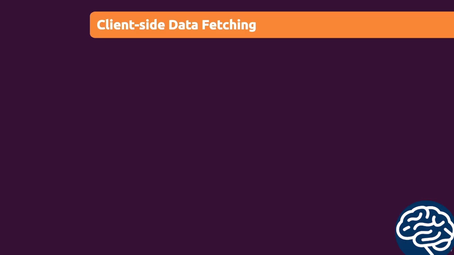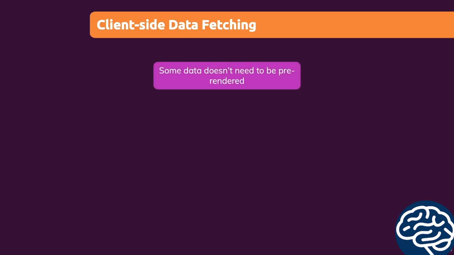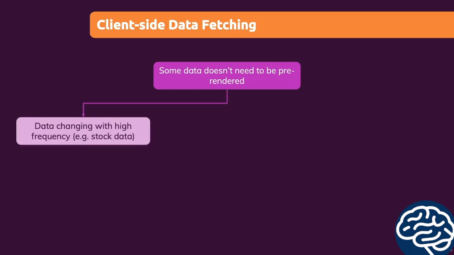When building Next.js applications, you will sometimes have data which just doesn't need to be pre-rendered or which can't be pre-rendered. Examples would be data that changes with high frequency. So for example, if you have stock data which you show on some page and that data changes multiple times every second, pre-fetching and pre-rendering might not make too much sense because you will always see outdated data when you visit this page.